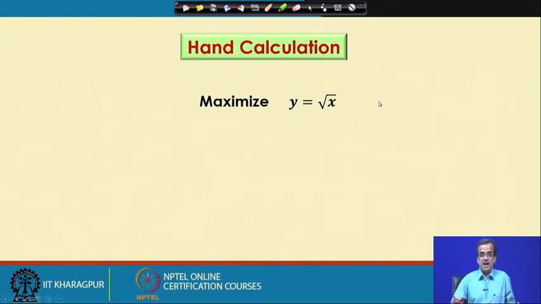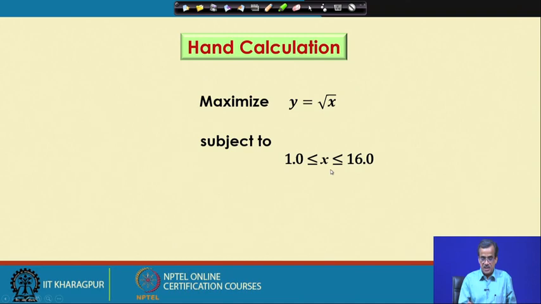This is a function of only one variable, subject to the condition that x lies between 1 and 16, and I am going to consider x a real variable.